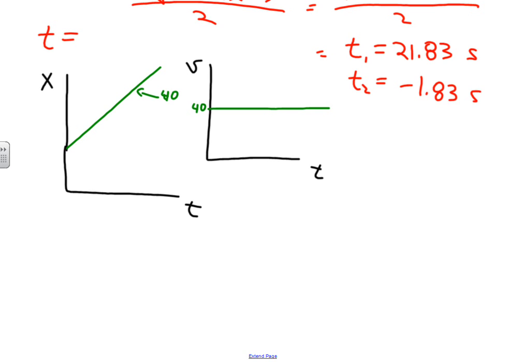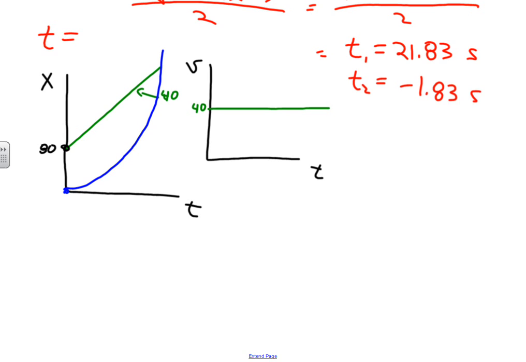The speeder is 80 meters away at t equals 0. When I start my clock, the speeder is already 80 meters away. Okay? And then the cop starts from rest over here at the real origin, right? And then accelerates, which means a flat line in the beginning, and then a gradual increase in speed until they meet.